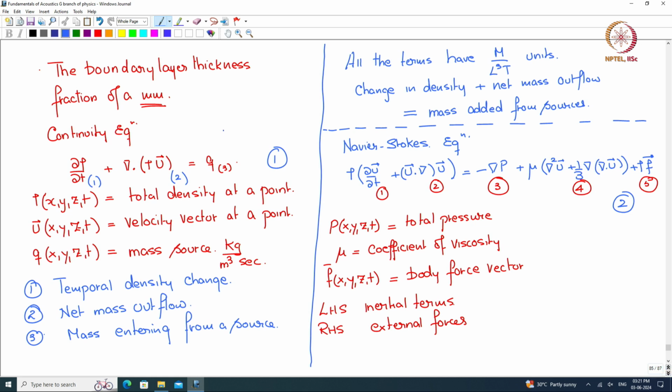Already this term has mass flow rate, mass rate per unit volume.